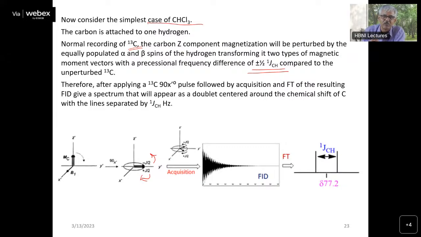They will have an offset, and that offset will be equal. Now if you do the acquisition, you will get the FID, and if you do a Fourier transform, you will get a normal proton-coupled carbon-13 spectrum of chloroform. So you got how the coupling is arising.